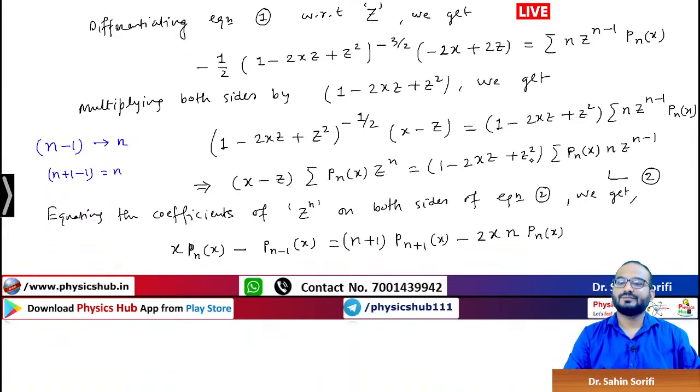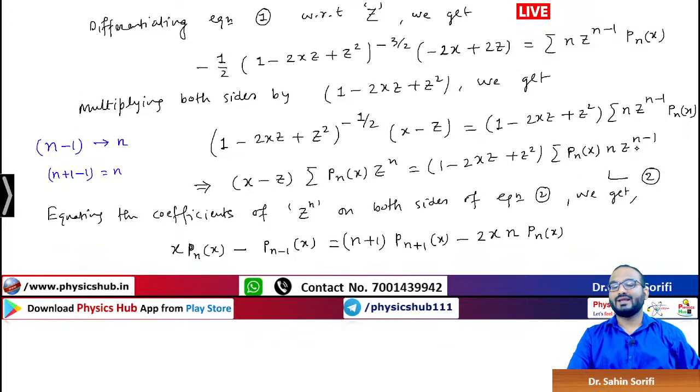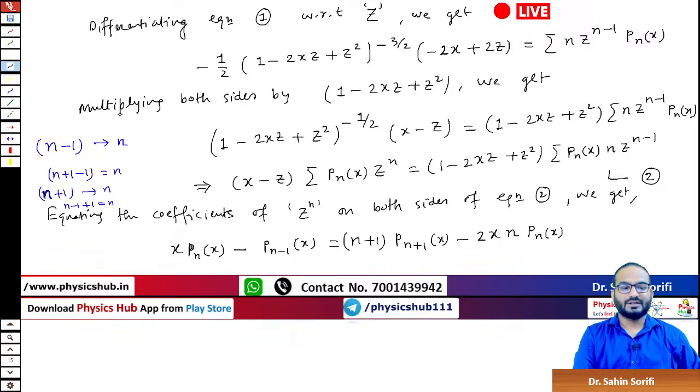Now z square and z to the power n minus 1, so it becomes z to the power n plus 1. So what you can do so that your n plus 1 becomes n? Obviously we put n minus 1, then it will become n. So what you can write here?